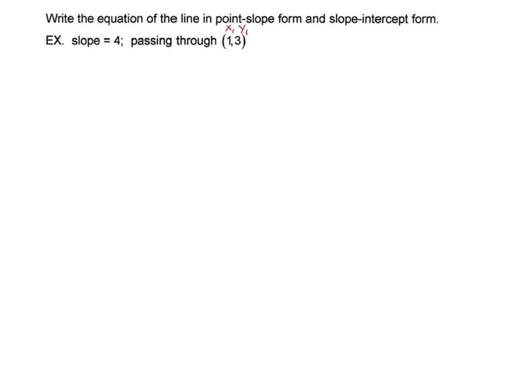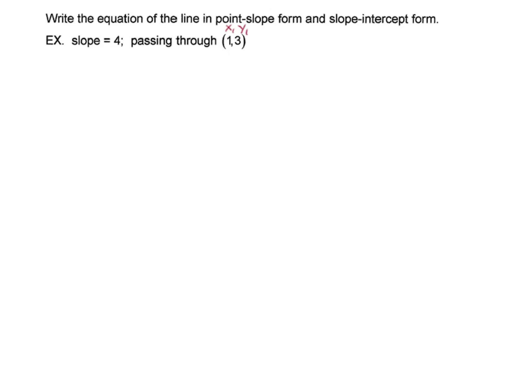So let's practice writing some equations. These instructions say write the equation of the line in point slope form and slope-intercept form. We're given the slope and we're given the point that it passes through. I always label my points, so it would be x1, y1 over the 1 and 3. And we'll follow the line equations formulas chart.